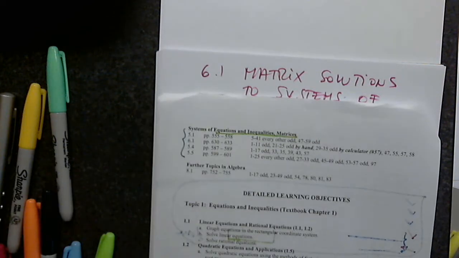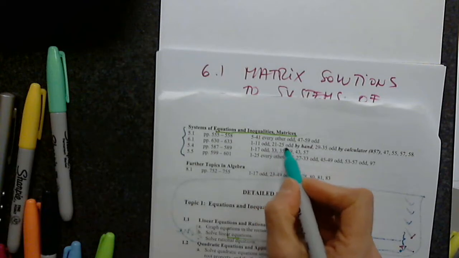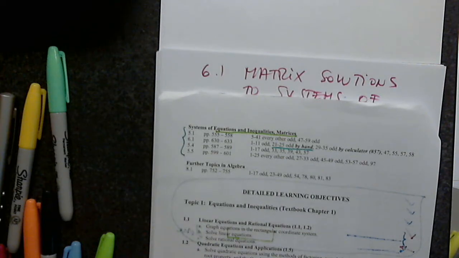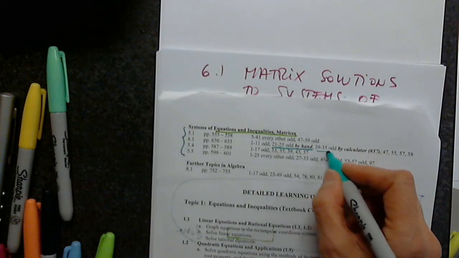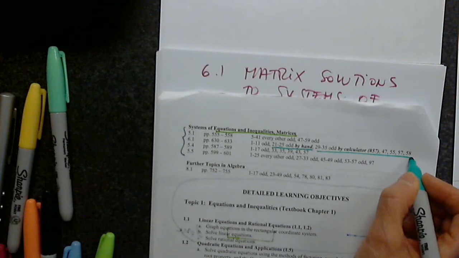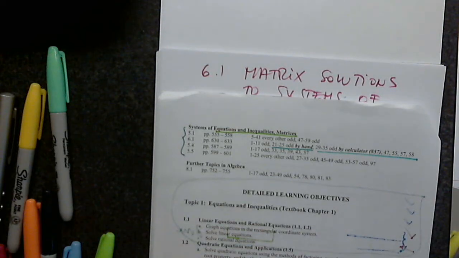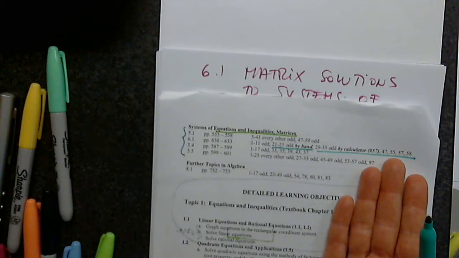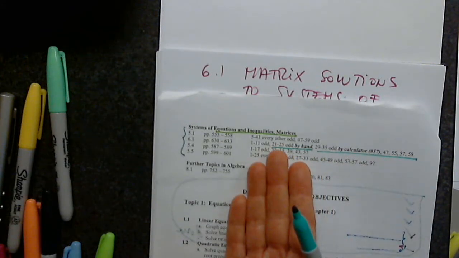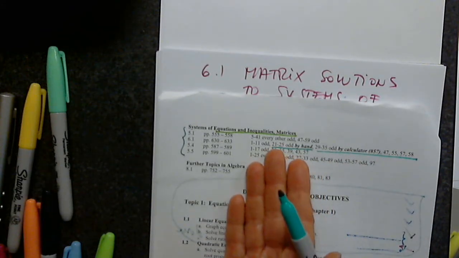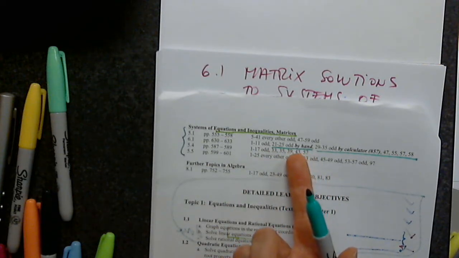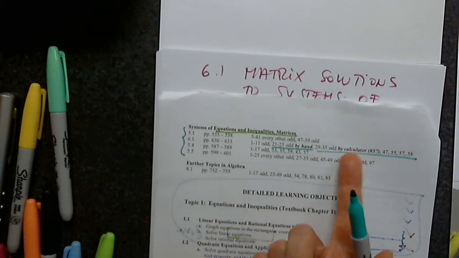Okay, my department decided that I have to show you by hand a method from here, a problem from here, and using the calculator, any of these. So allow me to show you the calculator method, and then I'll go back to a by hand method. I only have 10 minutes left, and I don't know if I can finish one by hand in 10 minutes. Are we gonna have to do it?